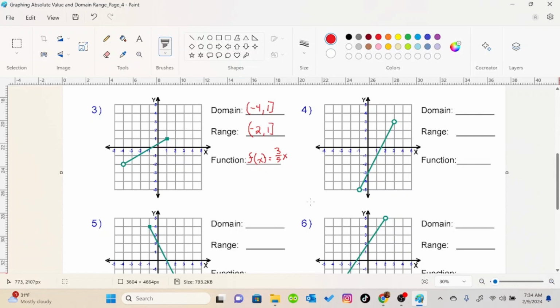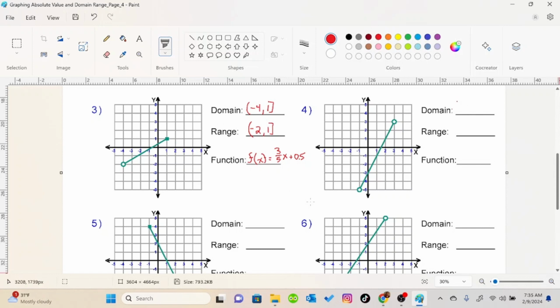And it looks like we cross the y-axis at maybe 0.4 or 0.5. So we would add 0.5. Again, 3 over 5 is our slope. 0.5 is our y-intercept.